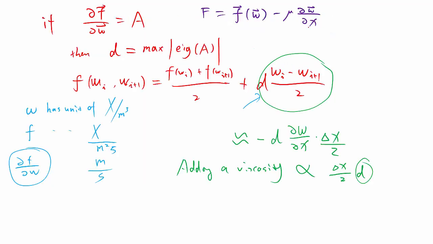And when you discretize, the total F would be equal to the flux you would apply to the inviscid problem minus mu times (W_{i+1} minus W_i) over delta X. That's a finite difference approximation of the first order derivative at the interface, right?